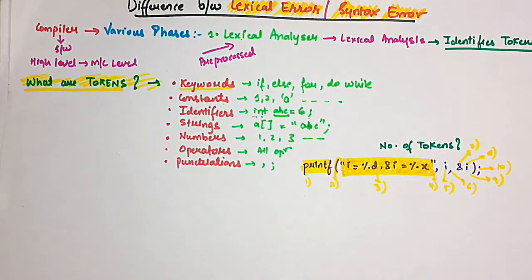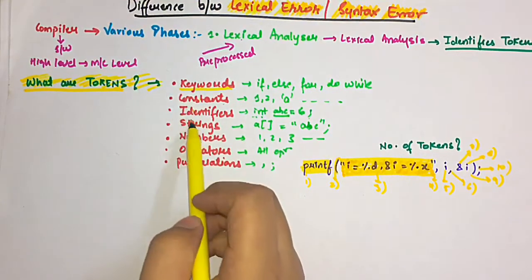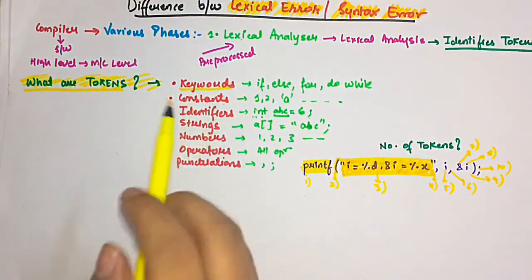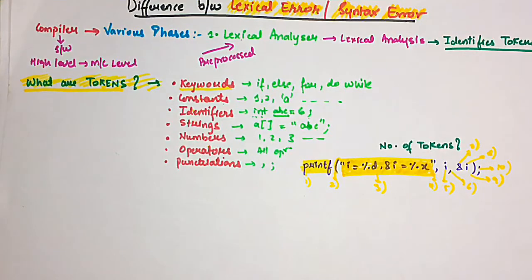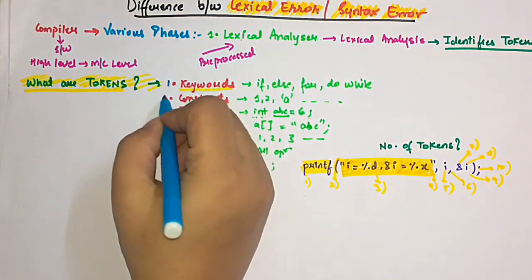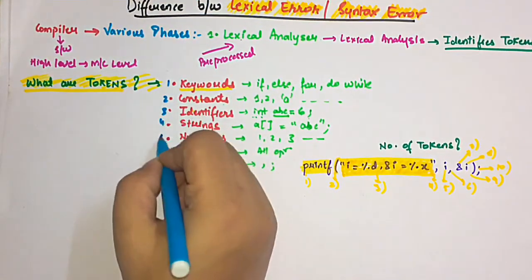So I hope you understand how to identify tokens, and only these 6 categories will be considered as tokens. Other than this, nothing can be considered as a token by the lexical analyzer.